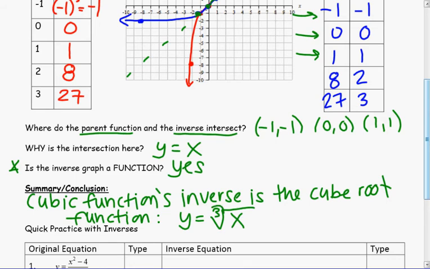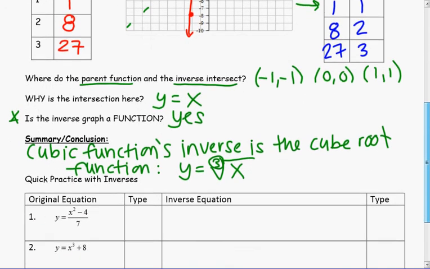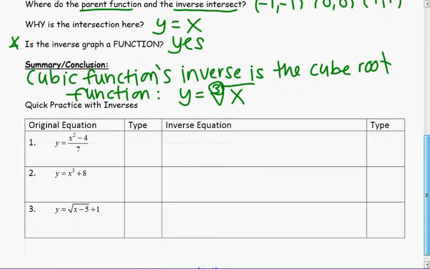And notice the little bit of difference here. When we talk about the different radical functions, that number that represents the type of radical we're working with is called the index, and it's going to be written as a small number right outside, I'm sorry, inside the radical symbol.